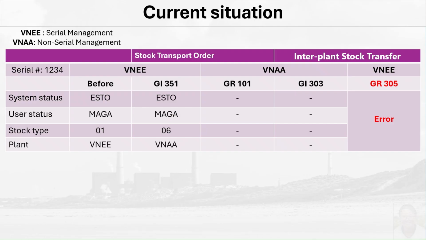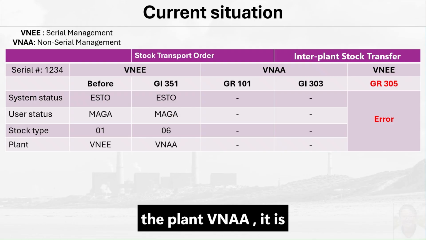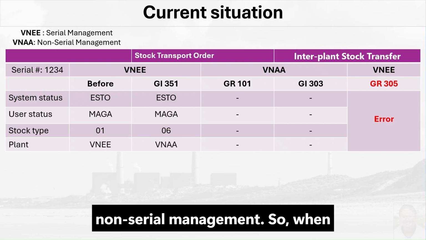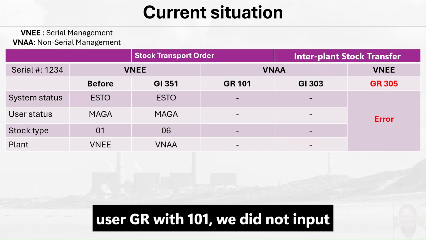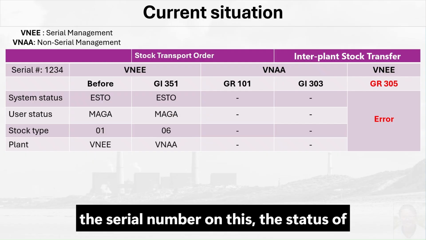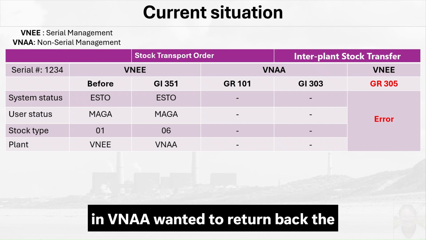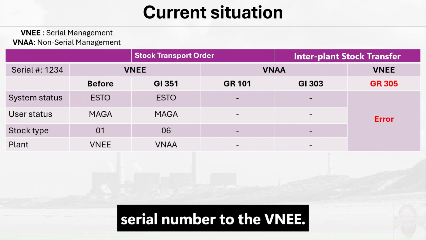And because the plant VNAA is non-serial management, when the user does GR with 101 they will not input the serial number, so the status of the serial is not changed. And the user in VNAA wants to return the serial number to VNEE.